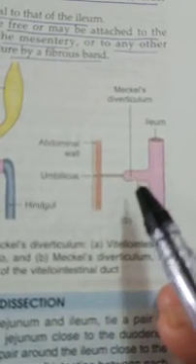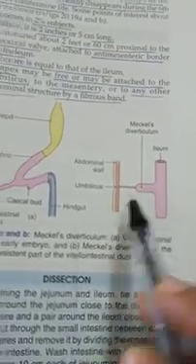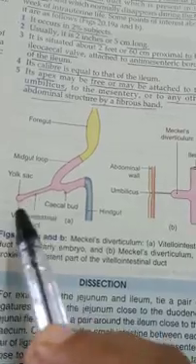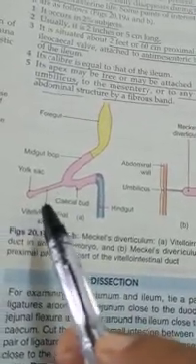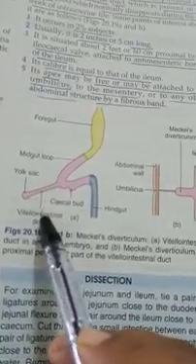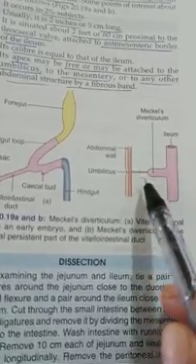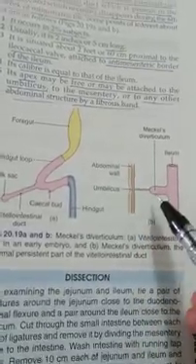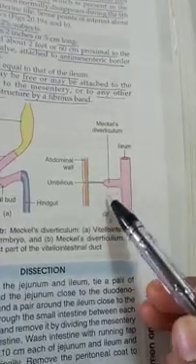This is known as Meckel's diverticulum. It is actually the remnant of the vitellointestinal duct, which is present in embryonic life. Usually it disappears, but in some patients it is retained in the body. Meckel's diverticulum can cause intestinal obstruction.